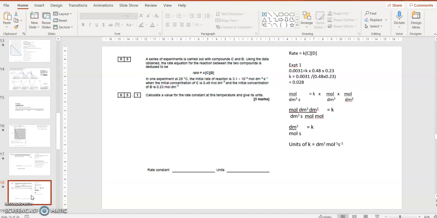Moles on the top on one side drop onto the bottom of the other. Cancel, and you end up with mole per decimeter cubed on the top and a mole and a second on the bottom. Put it into standard form: decimeter cubed, mole to the minus 1, seconds to the minus 1, in any order you wish.